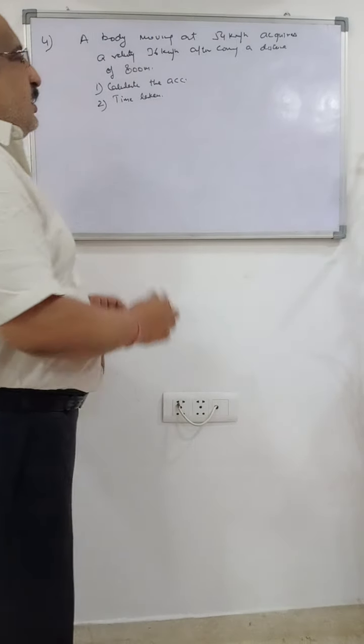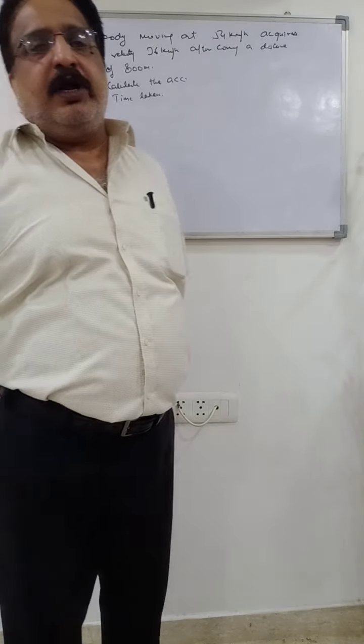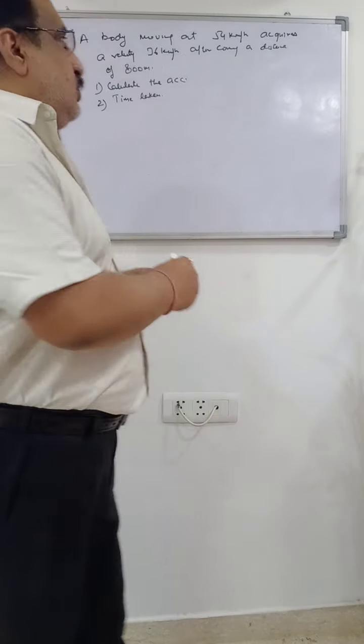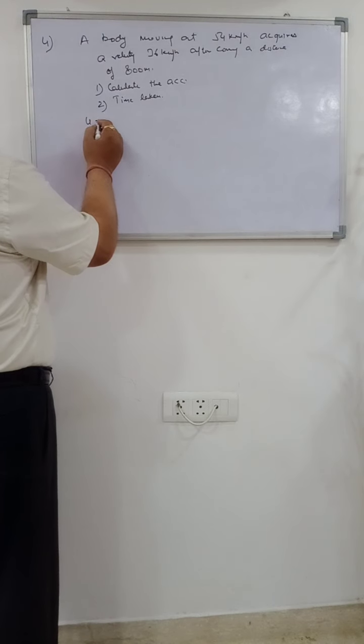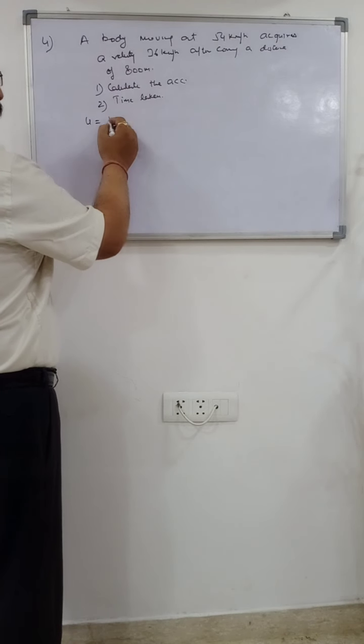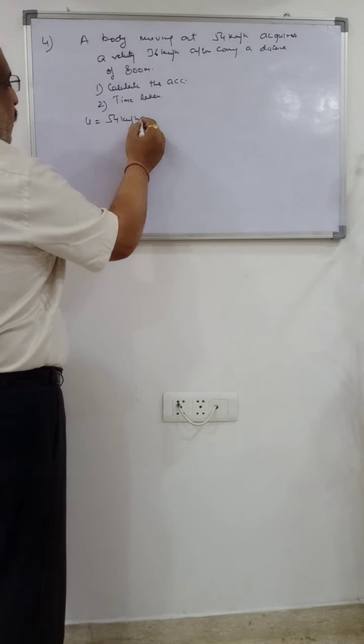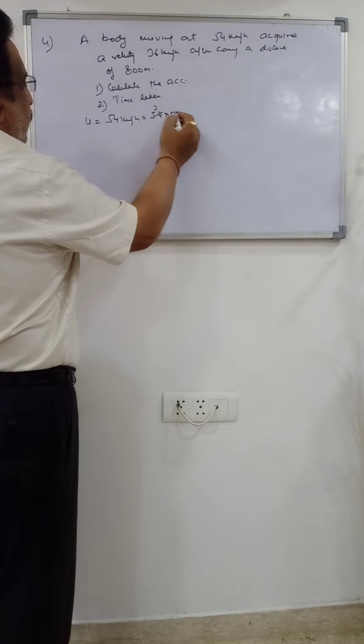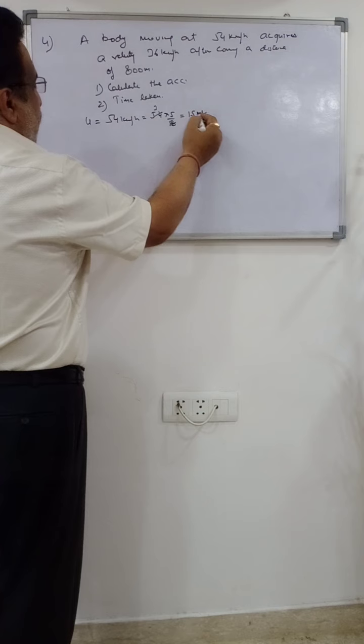But you have to change kilometer per hour into meter per second. So what is U given to you? U is equal to 54 kilometer per hour, which is equal to 54 into 5 by 18. 18 3s are 54, so 15 meter per second.